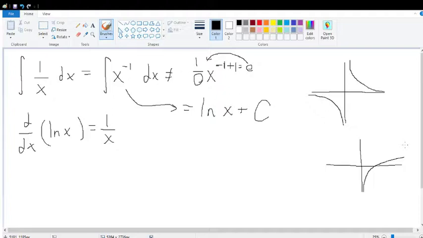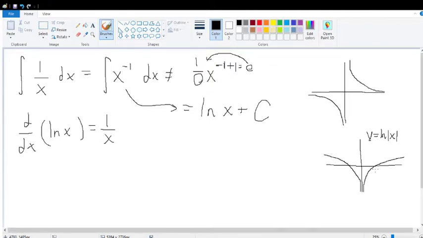So how can we fix this? 1 over x is defined for all real numbers except 0, so how can we make ln x, its antiderivative, have that same property? Well, it's an easy solution. Just put an absolute value sign over it, so that this is also defined on the negative side.